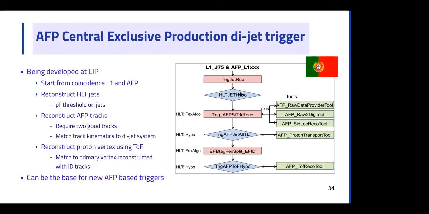We do it in 2 steps because the first part is faster, allows us to reduce the rate already significantly, and then we can run the tracking that is more time consuming. So this is some work that is being done currently in Minho, and will prepare the measurement of the central exclusive production in ATLAS for Run 3.